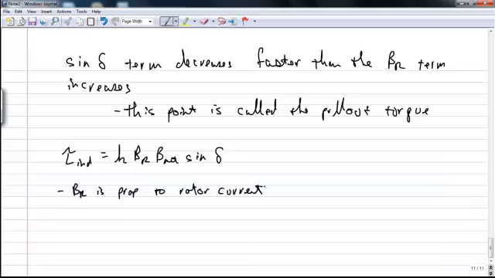So it's proportional to the rotor current and increases when the slip increases.